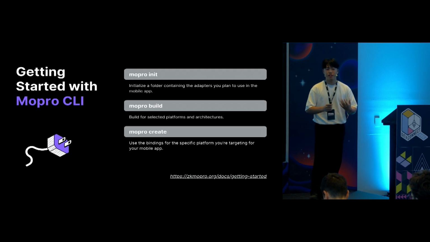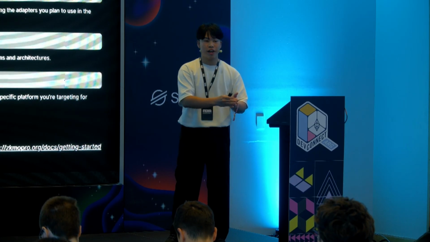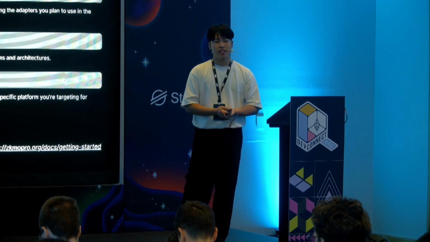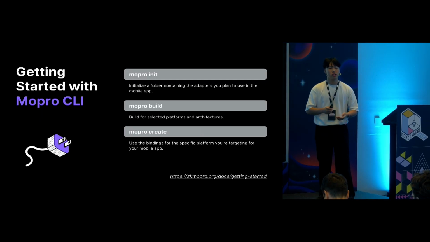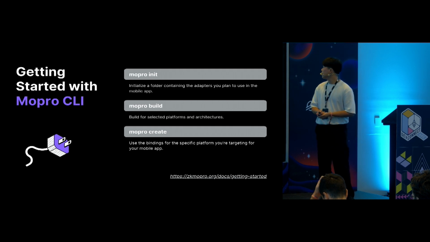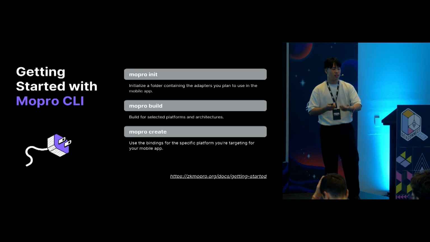Then we use FFI, foreign function interface, to port this Rust binary to mobile so that native platforms or languages like Kotlin or Swift can understand and directly access these Rust functions.